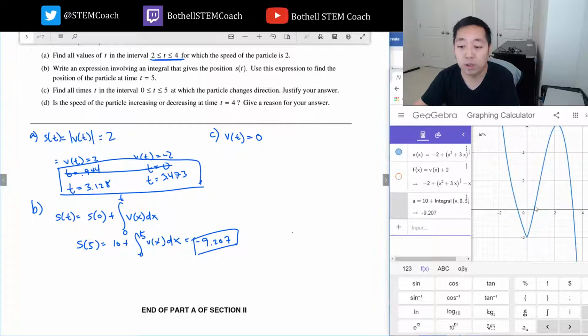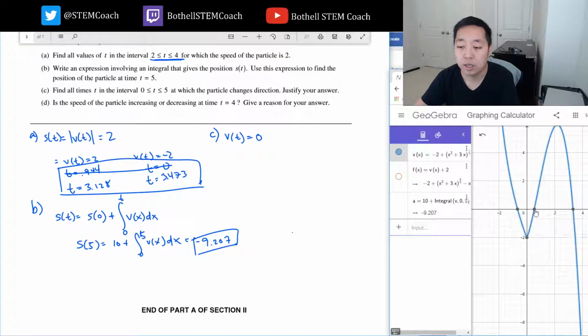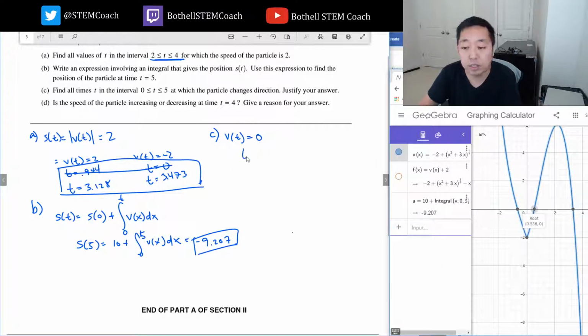So this is my v of t, and it's 0 at t equals 0.536. It's also 0 when t is equal to 3.318.